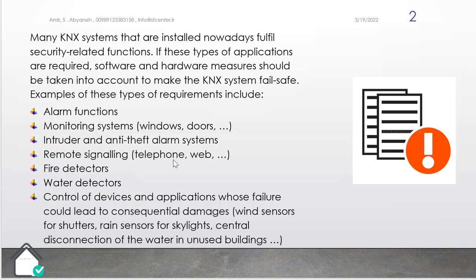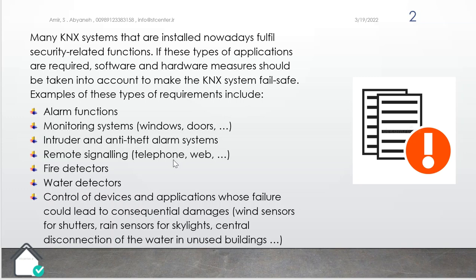It means some important information and data should never vanish during transmission. So we should make sure about the functionality in security and safety issues in KNX systems.